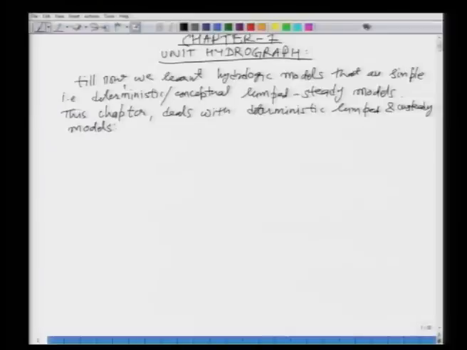For example, in the last chapter we looked at the derivation of the expressions of flow depth and velocity for overland flow and channel flow. Remember, they were for the steady state conditions. That was the inherent assumption.